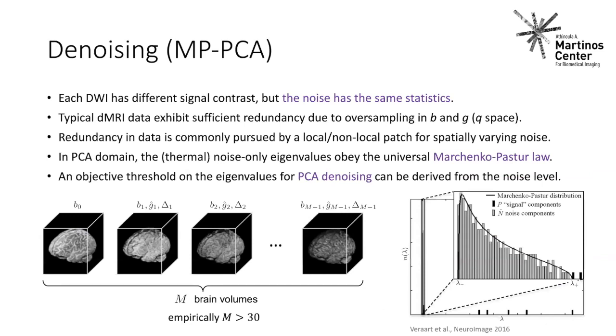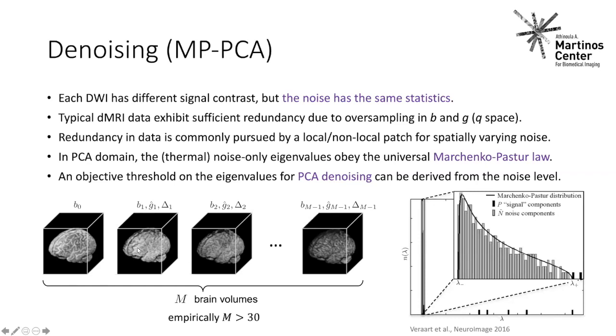Each DWI has different signal contrast because the b-value is different and the gradient direction is different, but the noise in all the DWIs has the same statistics. Typically, diffusion MRI data exhibits sufficient redundancy due to oversampling in b-value and gradient direction, or what we usually call q-space. And redundancy in data is commonly exploited by local and non-local patches for spatially varying noise.